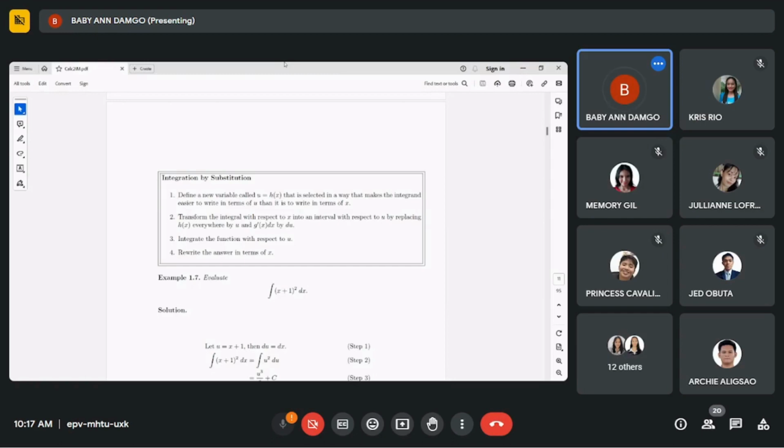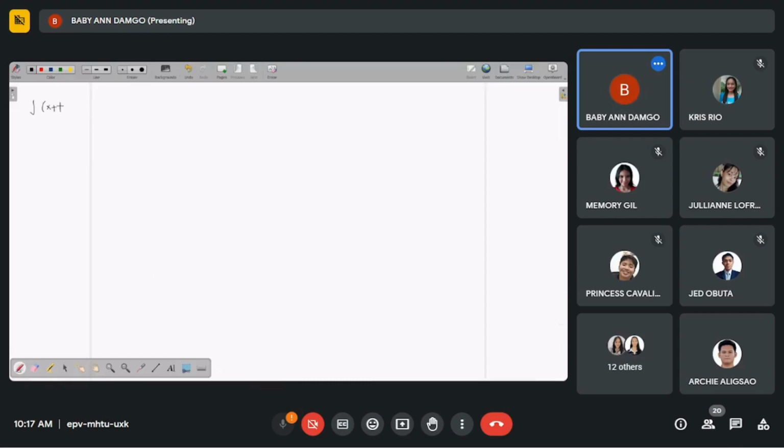Okay? So for example, the technique, class, is to assign u so that the whole integrand is used up, so nothing is left of x. So in u-substitution, we substitute u. For example, we have here the integration of x plus 1 squared dx.